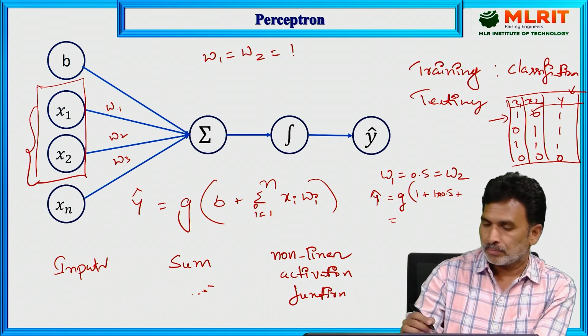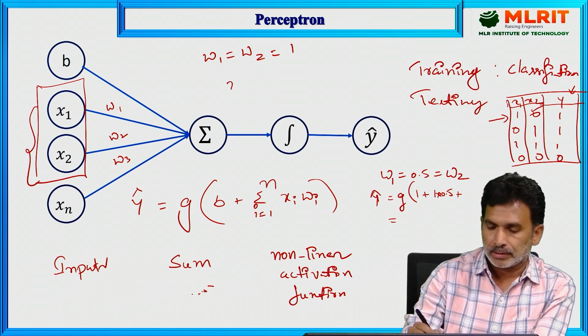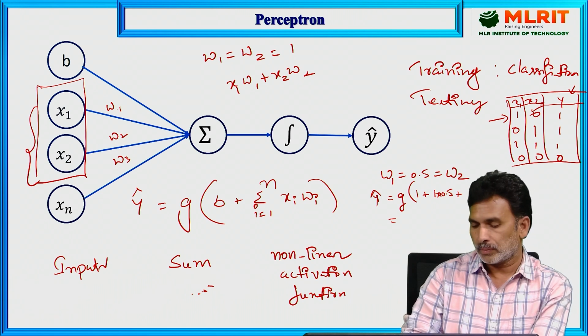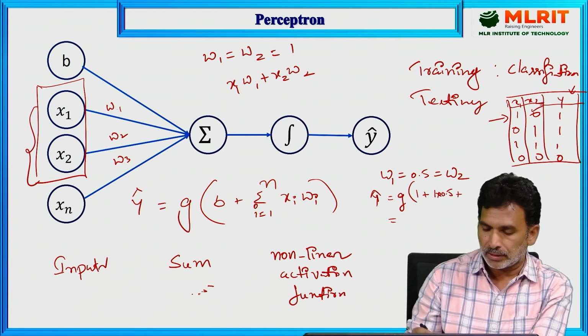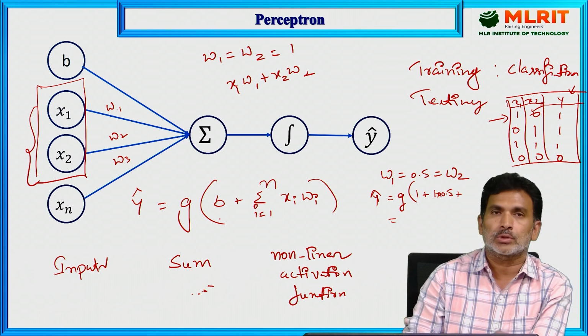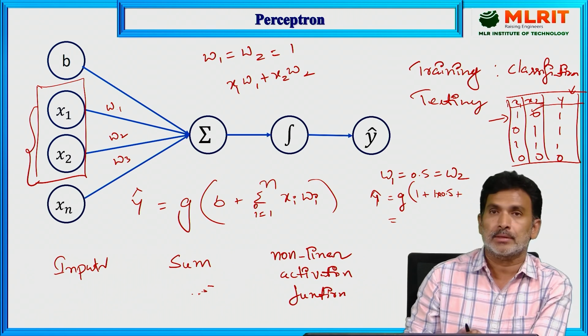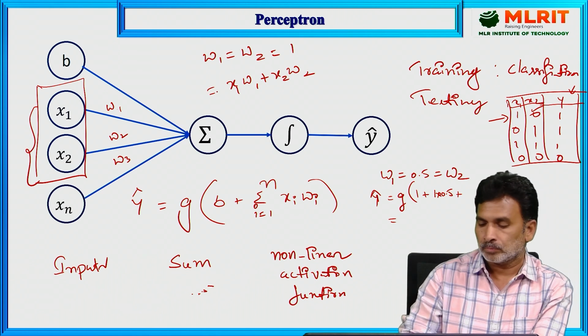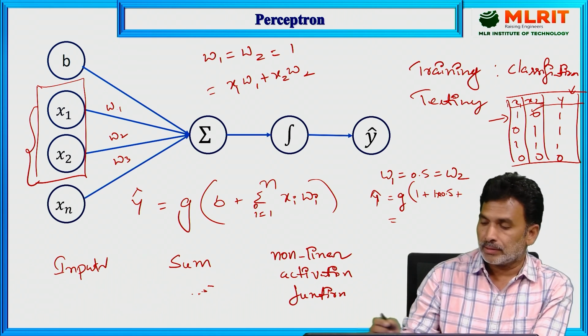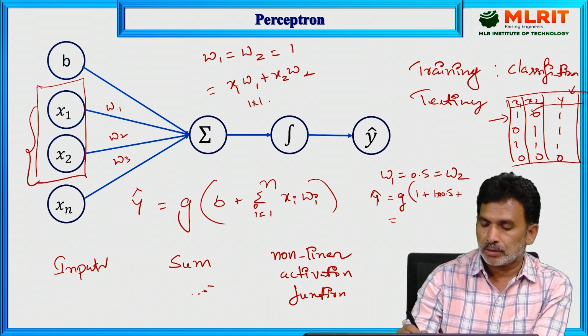Then for the first instance, x1 w1 plus x2 w2. Let us forget about the bias for now; we are not going to add the bias in this case. So x1 is 1 times 1 plus x2 0 times 1, that is equal to 1.